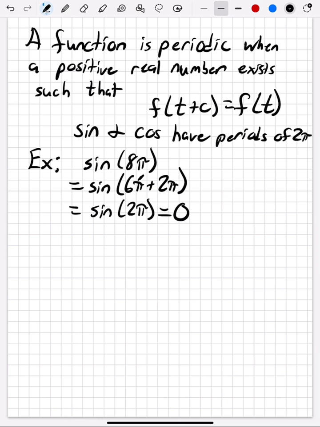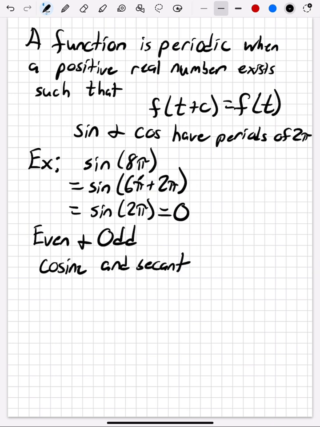All right, so then some of these functions are even and some are odd. Even functions, I'll show you what that means in just a moment, and then we'll talk about odd functions. So the even functions are cosine and secant. Those are deemed to be even functions.